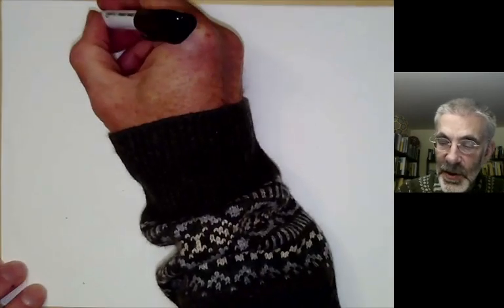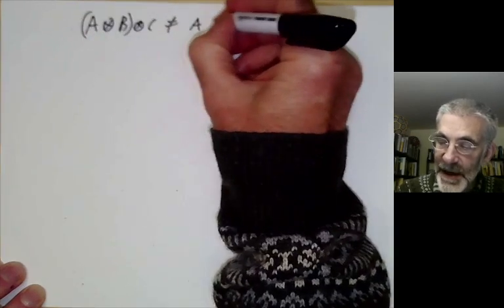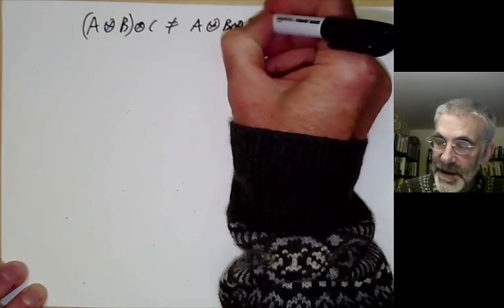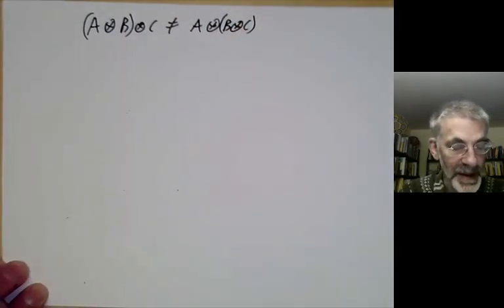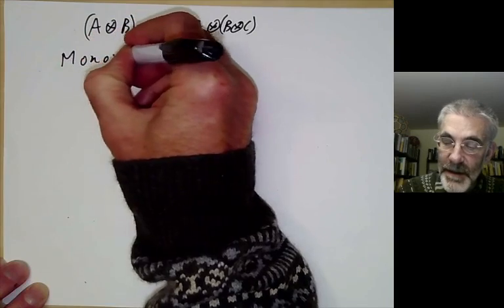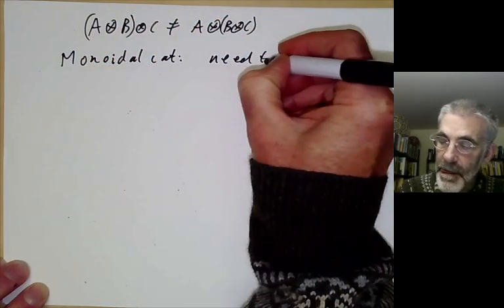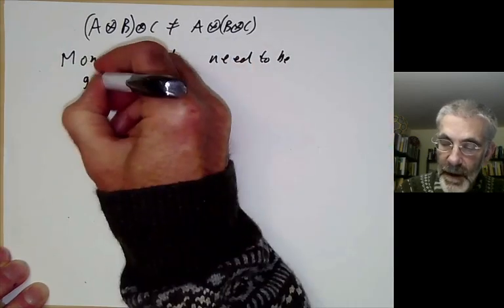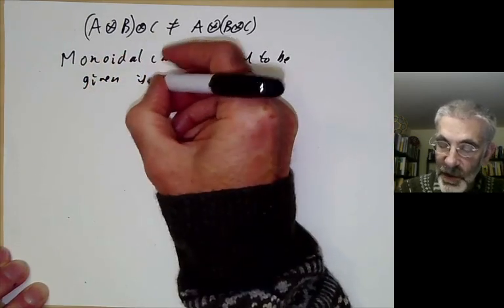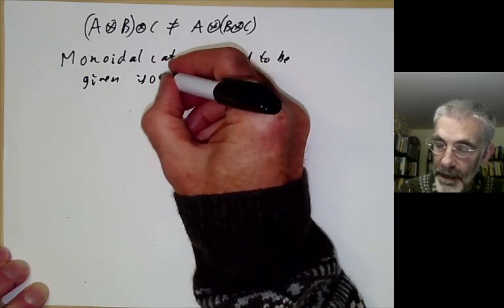As I said, in general, we have the problem that A tensor B tensor C is not actually equal to A tensor B tensor C with the brackets moved, but just isomorphic to it. So for a non-strict monoidal category, we need to be given an isomorphism or a natural transformation of functors.